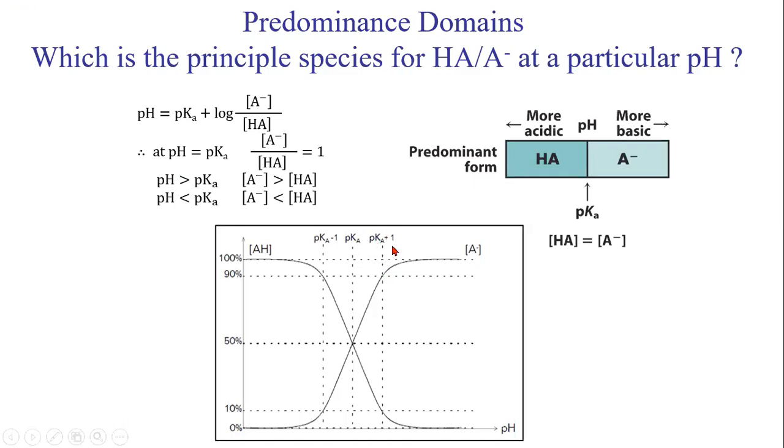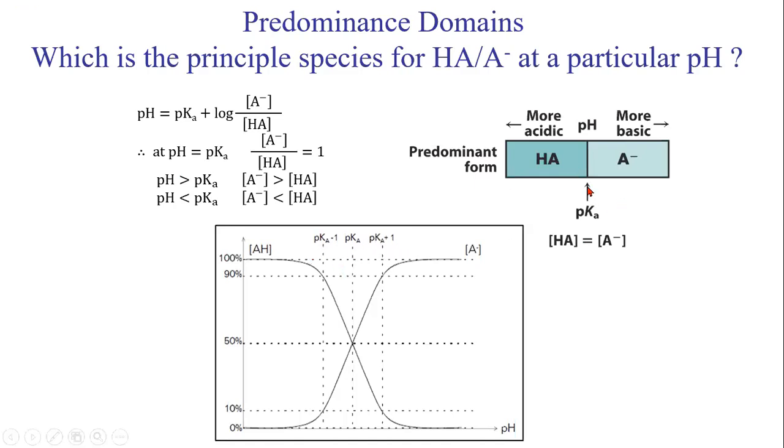In other words, this is where A minus predominates, and really predominates, as in HA is less than 1/10 of the A minus concentration. Now you don't have to worry about this part at this point.